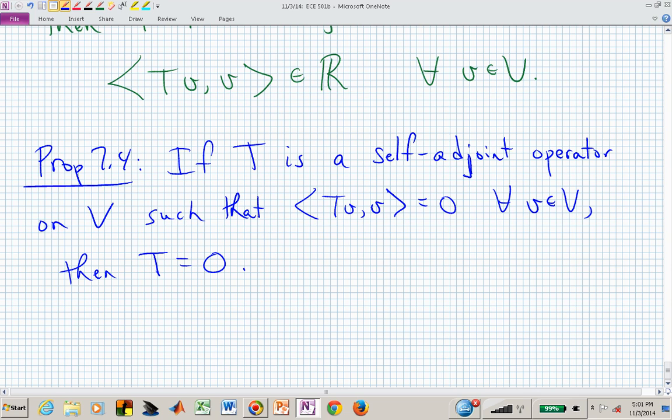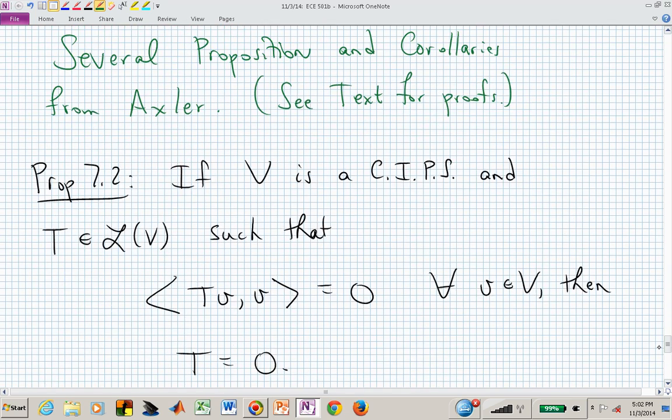So this proposition extends Proposition 7.2 to real inner product spaces. We didn't say anything about V here in Proposition 7.4. We didn't qualify it here.